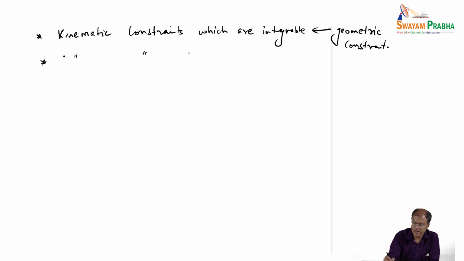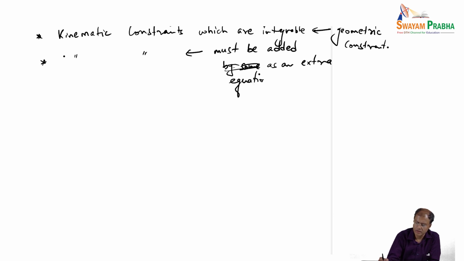So what I just said is that kinematic constraints must be added as an extra equation, and typically they cannot be added as generalized coordinates.